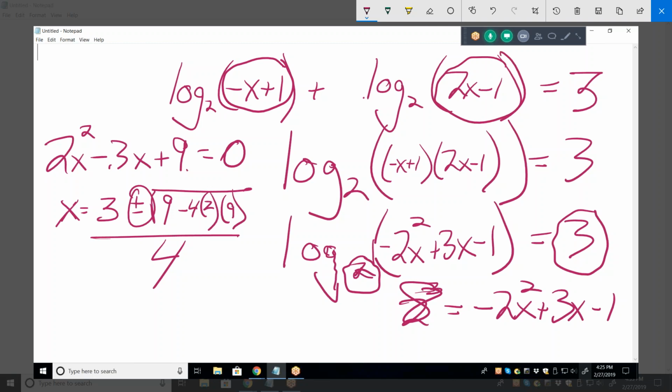When it does, you have to throw that one out. The domains on log functions have to be greater than 0. You cannot even take the log of 0. You can take the square root of 0, it's equal to 0, but you cannot take the log of 0, and you can't take the log of negative or imaginary numbers.